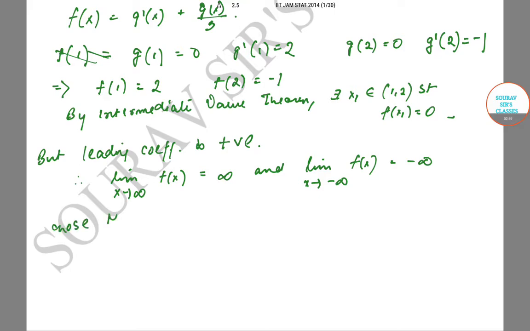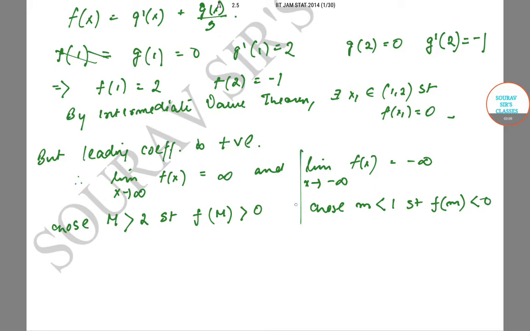Choose m greater than 2 such that f(m) is greater than 0. Choose small m less than 1 such that f(m) is less than 0. This is of course possible because of the above two facts: f(x) goes to infinity as x goes to infinity, and f(x) goes to minus infinity as x goes to minus infinity.